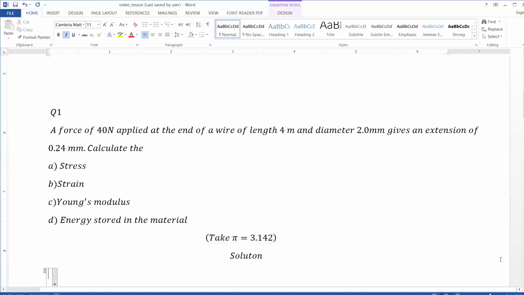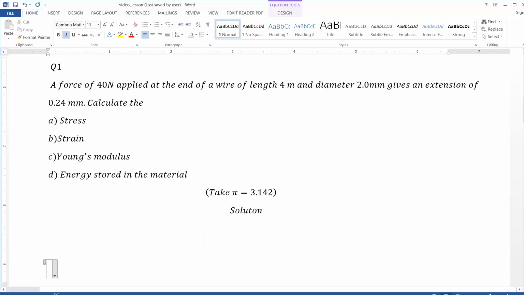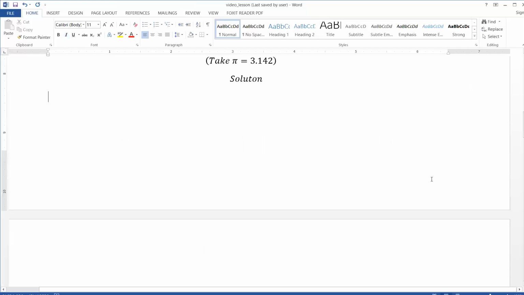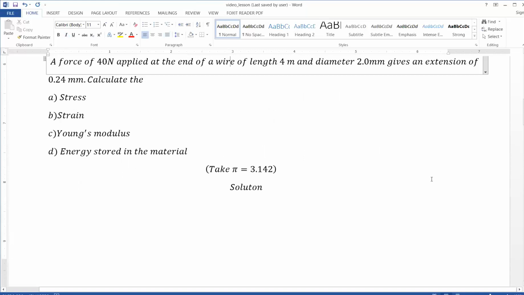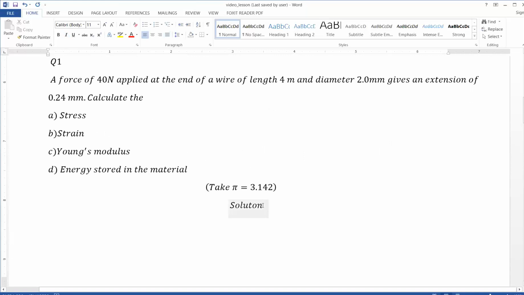First, we'll start with what we are given in the question. So in this question, as a rule in physics, you try to itemize the data.